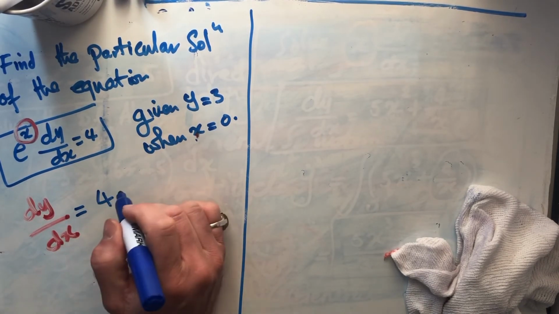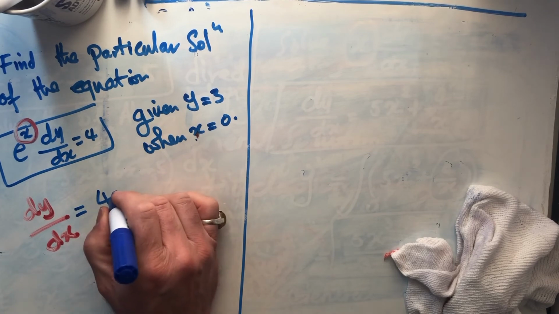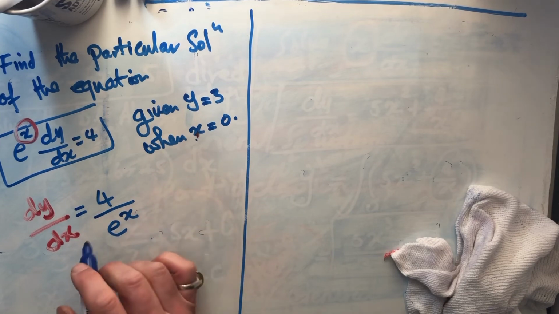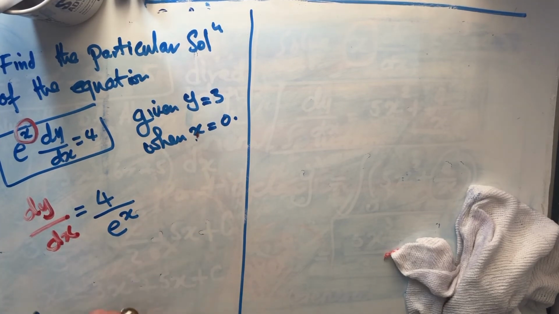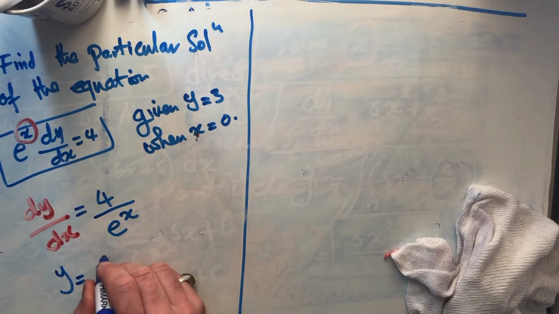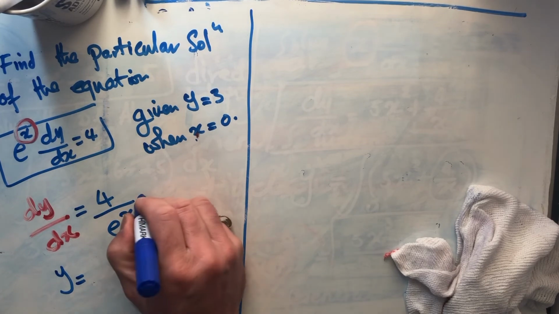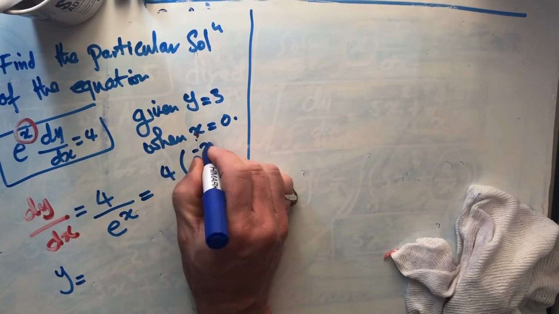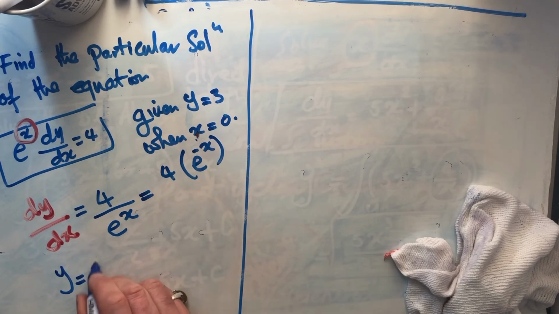4 divided by e to the power x. I'm just dividing through by e to the power x, just rearranging my equation. To find y, we integrate. So y is equal to 4e to the minus x.